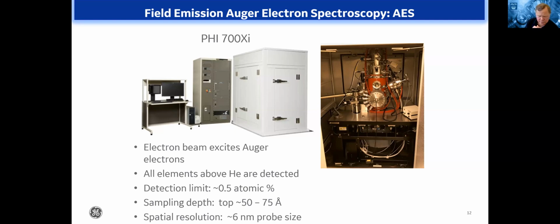Important points to note, aside from the sampling depth, the detection limit's about a half atomic percent. And the really nice thing about Auger, as we'll show in a minute, the electron beam can be focused down very tightly. So we have a probe size of about 6 nanometers in the best working conditions.